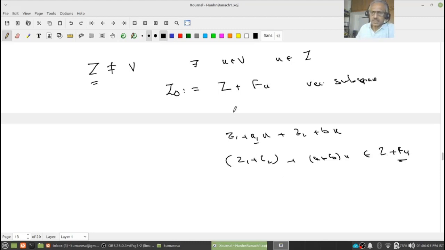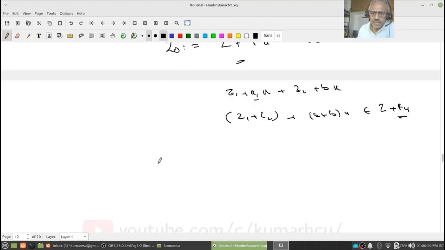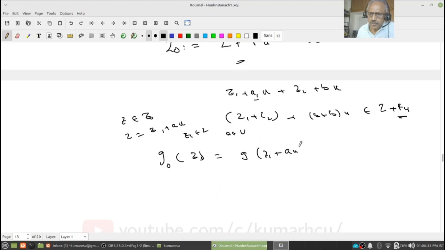Now I can define a g naught for any element of z naught, which is of the form z1 plus au, z1 in z, and a a scalar. I will define g naught of z1 plus au to be g of z1, remembering I want it to be linear, plus a times 0.